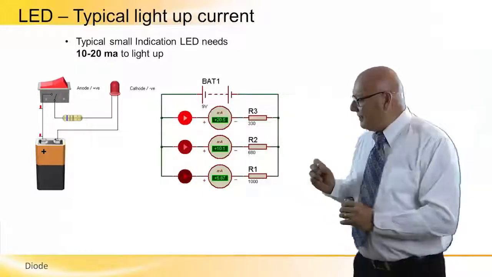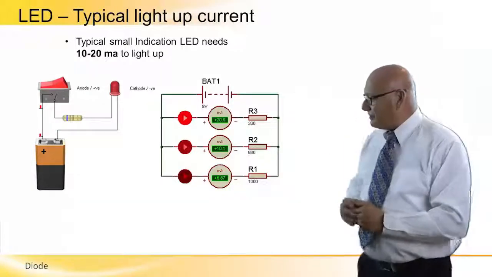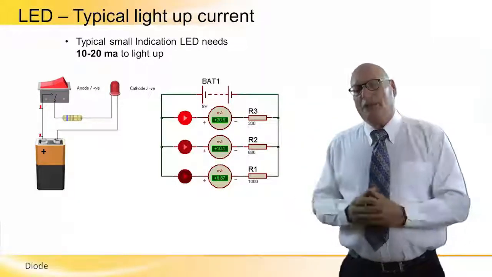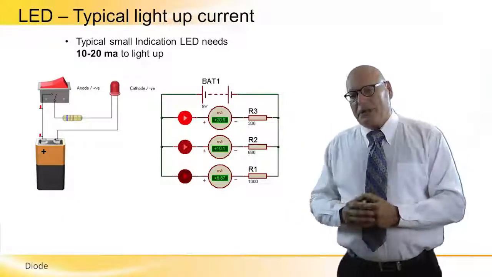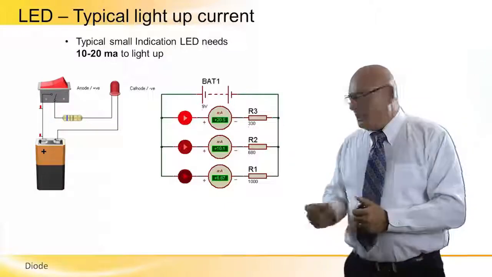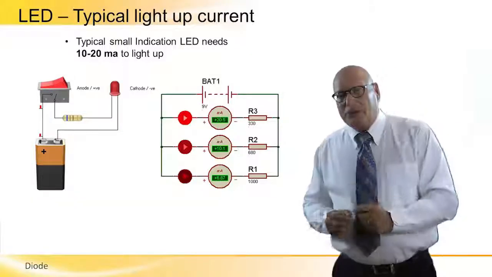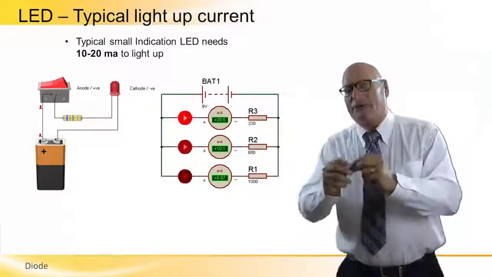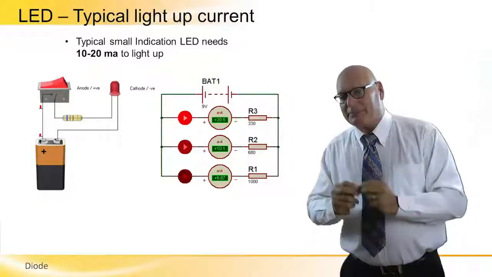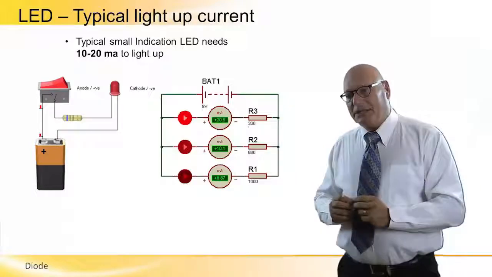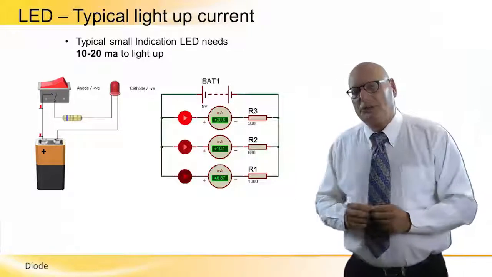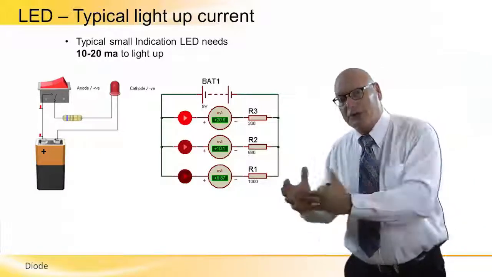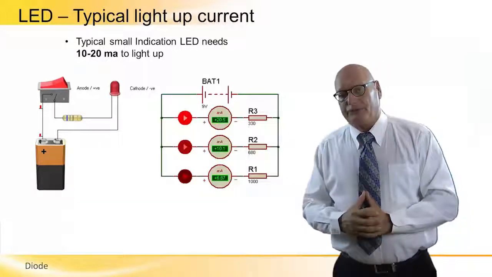And this is a presentation of typical light-up currents. Look at the 3 levels. We have a battery. This battery is connected to an LED, and it's connected in series to an ammeter, which will give us the amount of current in amps or milliamps that the LED needs, and it's connected in series to a limiting resistor in order to limit the current, so as not to burn down the LED.